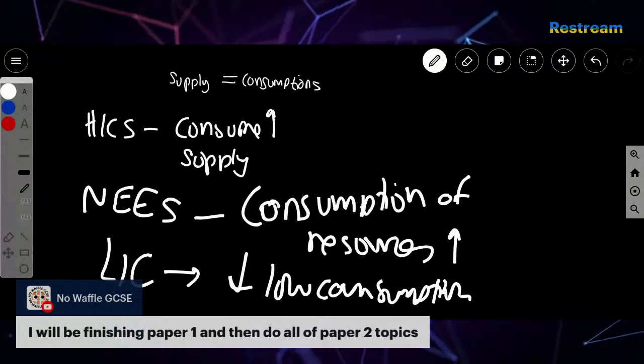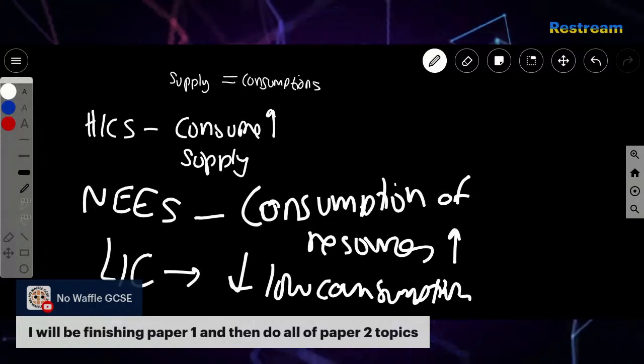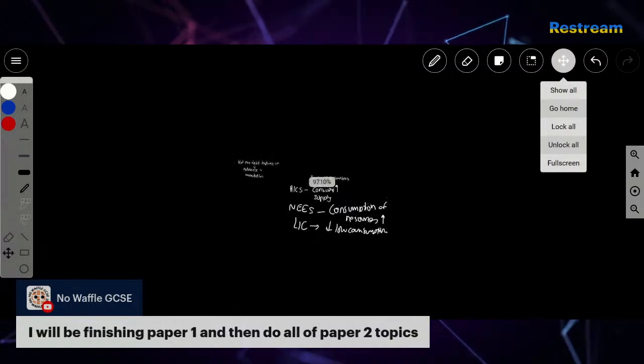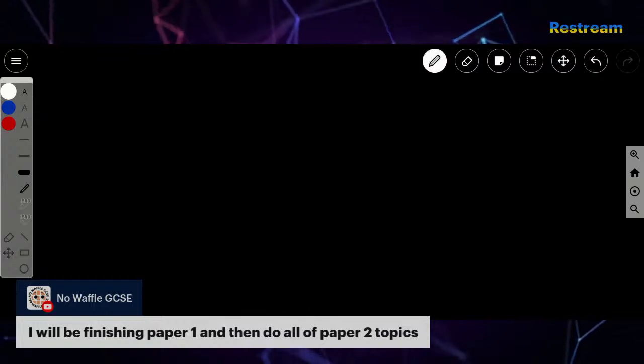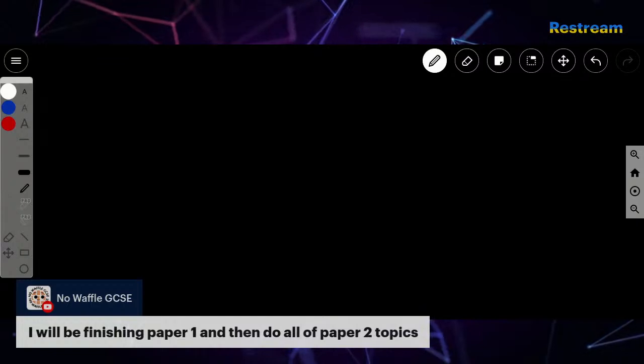So we're now going to look at food and how the different types of food are becoming more popular. The different types of food that are in demand within the UK specifically has changed.